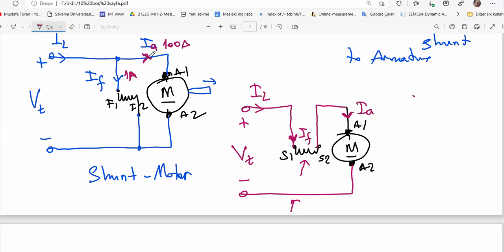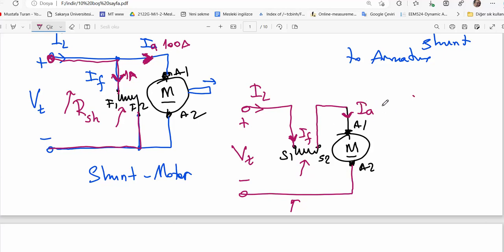The current is large here in the armature. This coil is directly connected to voltage, as you see, so it has high resistance. Let me say our shunt has very high resistance to draw a smaller current, because it consumes some power, as you see.